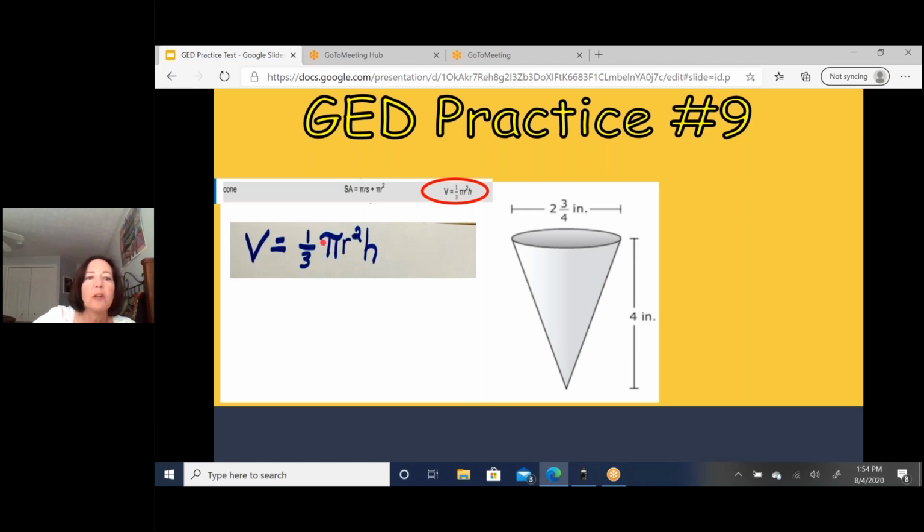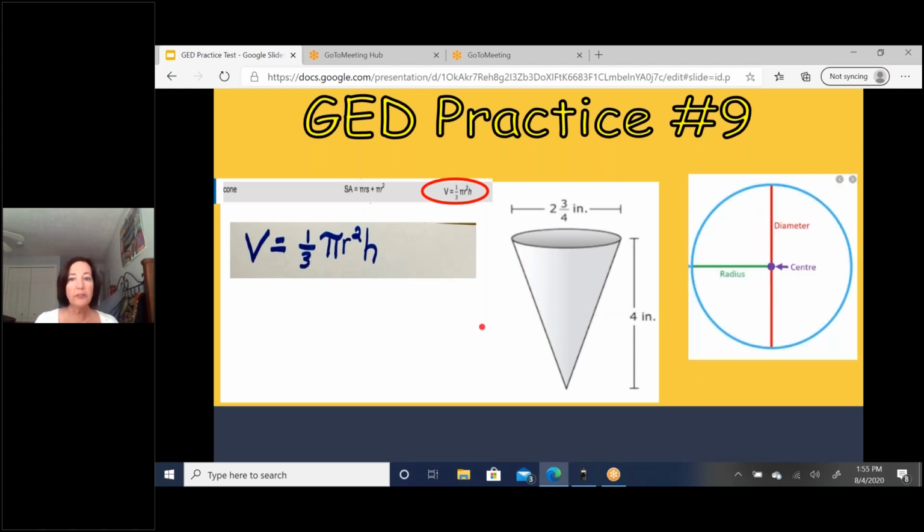So we're going to put 3.14 in this spot. R stands for radius, so we're going to put our radius, which we don't know, and we're going to square that value, and then we're going to substitute our height. And they did tell us our height is 4 inches. So the first thing we have to do is figure out what a radius is and then figure out the radius for this problem.